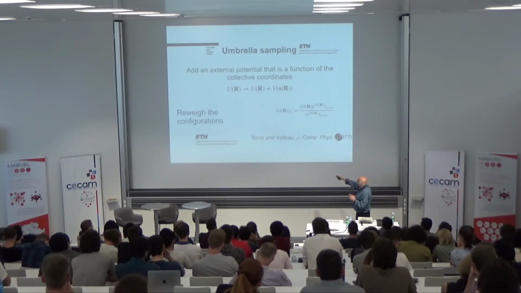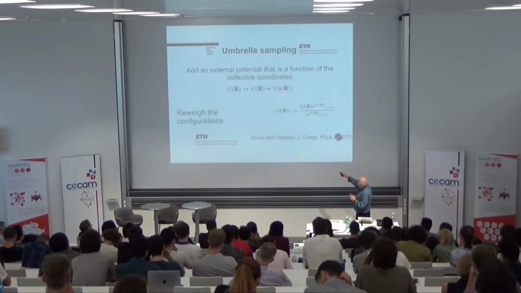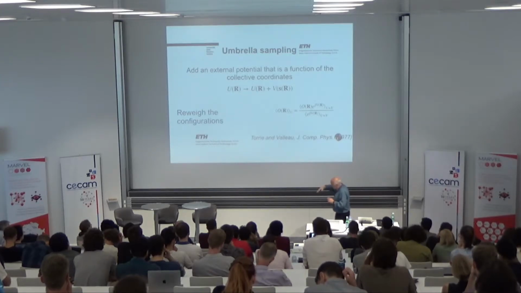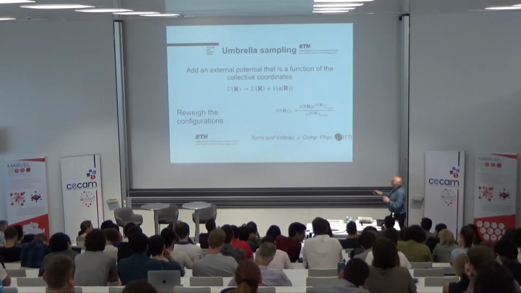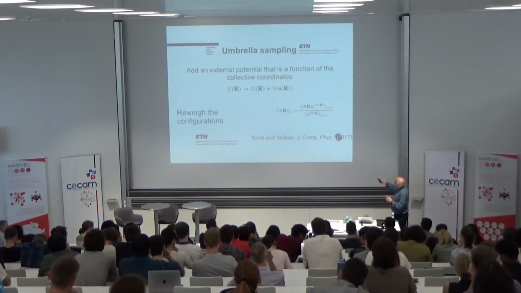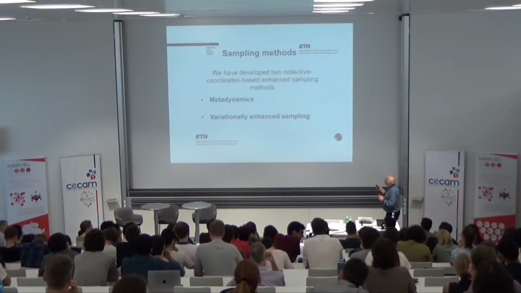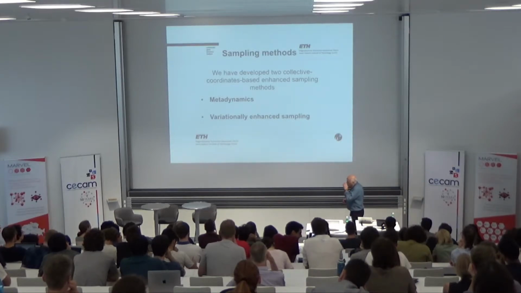So you add to the original potential an extra bit, which helps you go from one value to the other, and then you can go back from this calculation to the free energy.